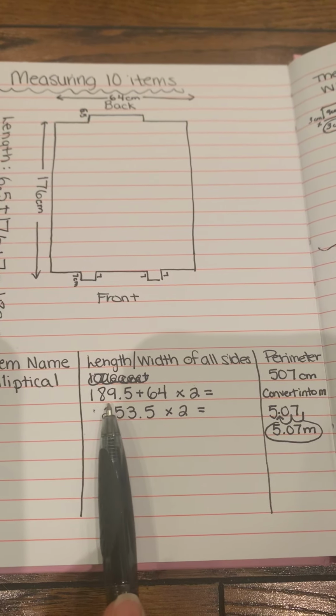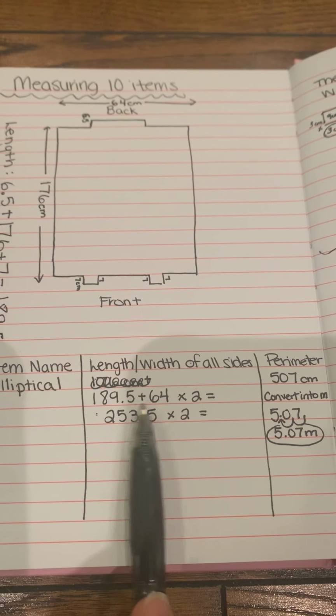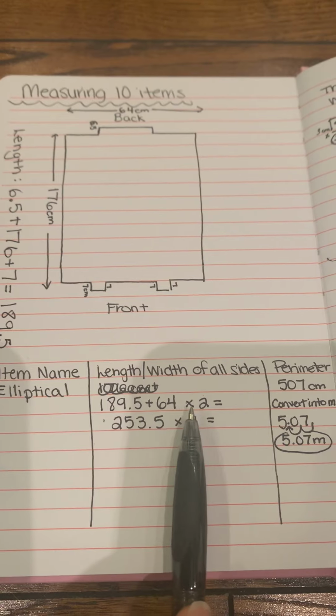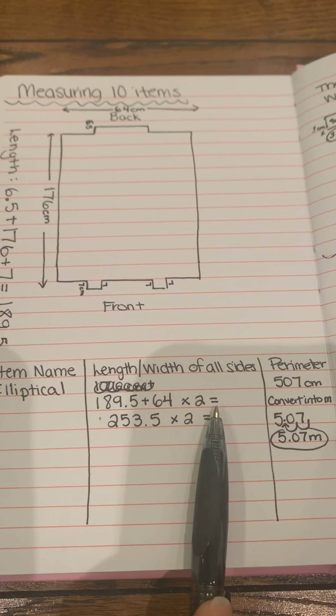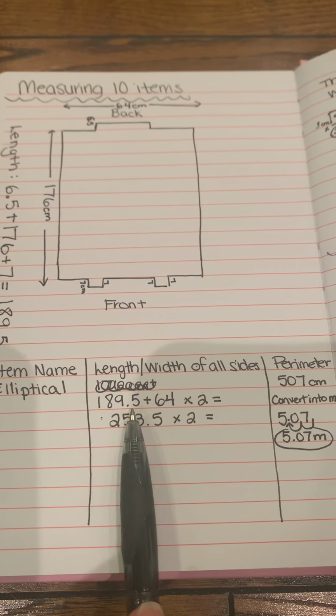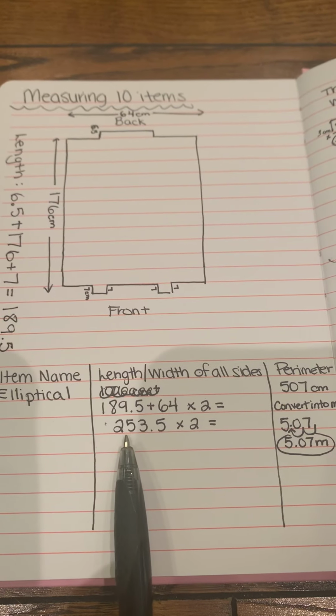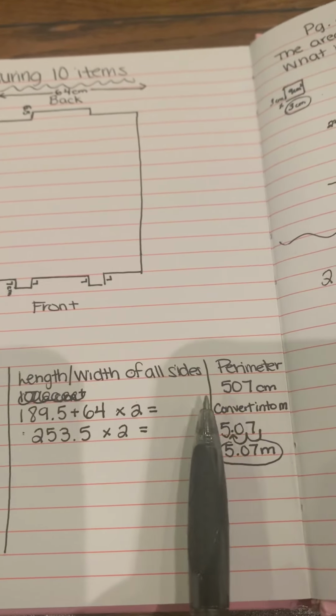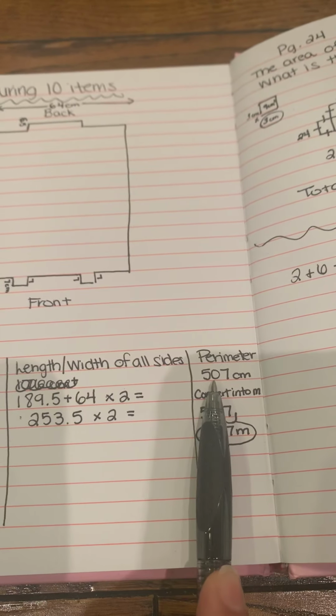So I have our 189.5 plus 64. That's the one time to get the length and width. But because we have to repeat it, I times that answer by 2. So here's 189.5 plus 64, which is 253.5 times 2, which gets us the grand total of 507 centimeters.